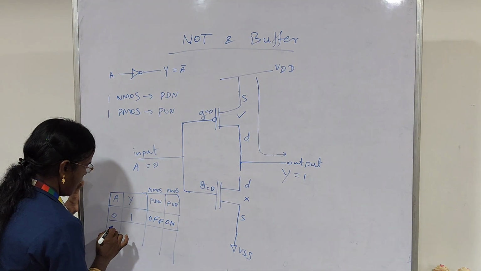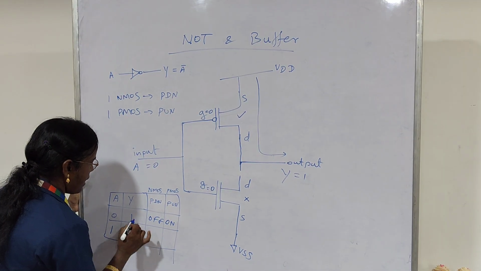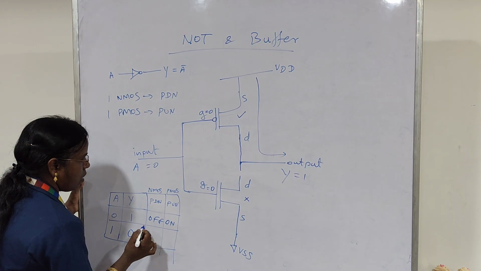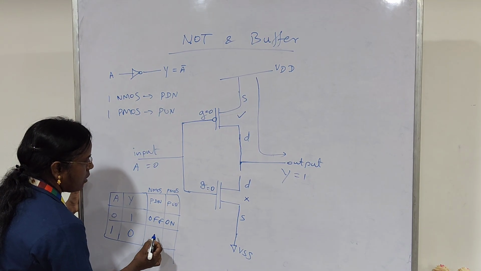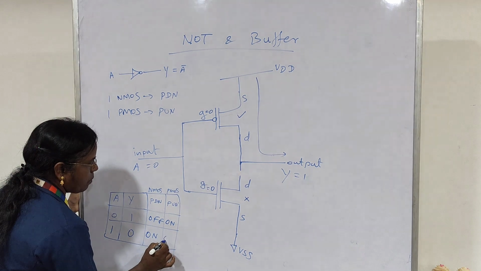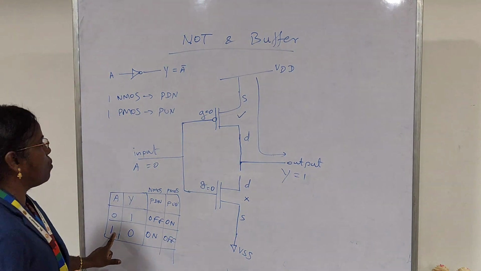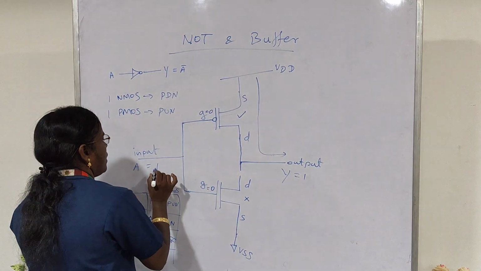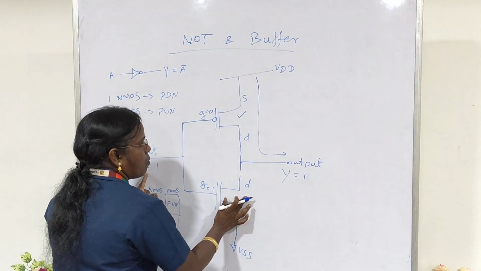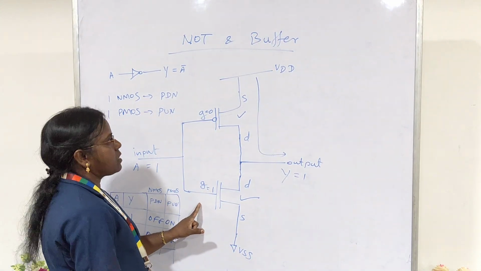And when I set my input variable A as 1, my output Y should become 0. How can it be? The pull down network will be switched on and the pull up network will be switched off when I apply A input as 1. We can look at this circuit. When A is 1, the gate input of NMOS becomes 1, which turns on the NMOS transistor.